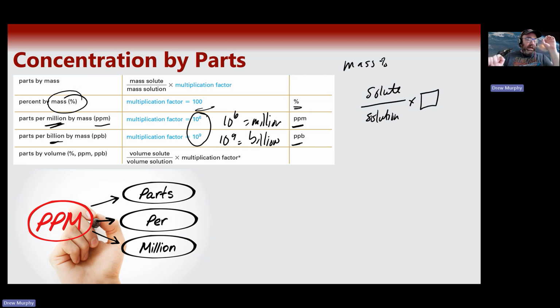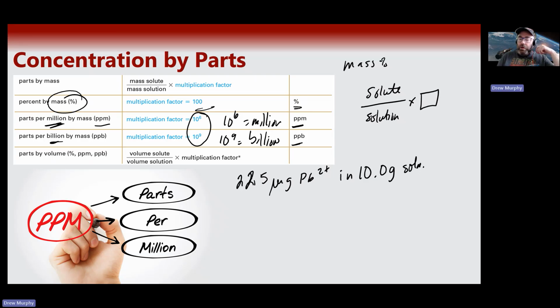So let's say we have 22.5 micrograms of lead 2+ in 10 grams of solution.